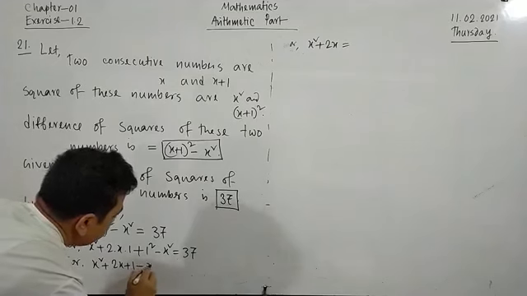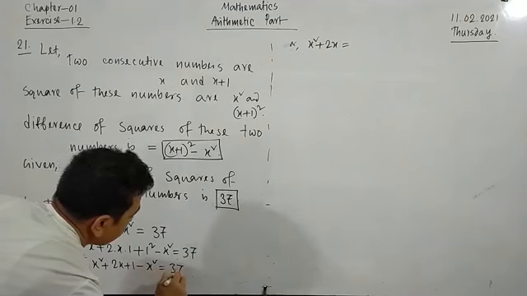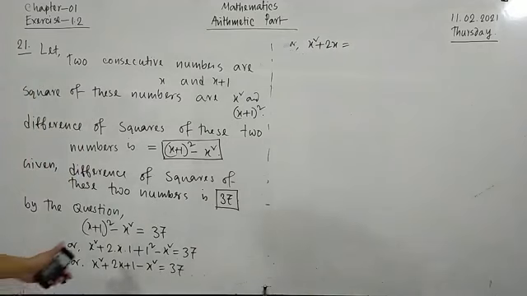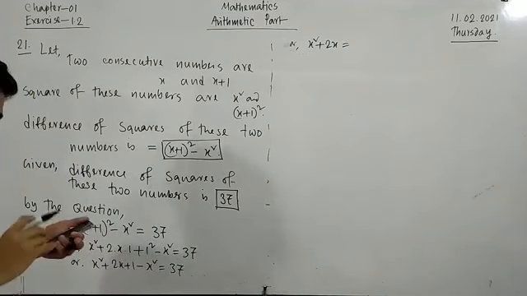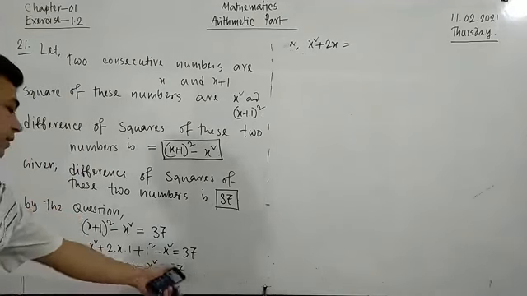So x square plus 2x plus 1 minus x square equals 37.